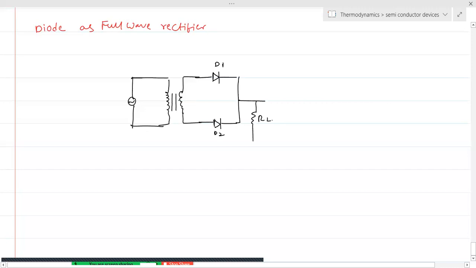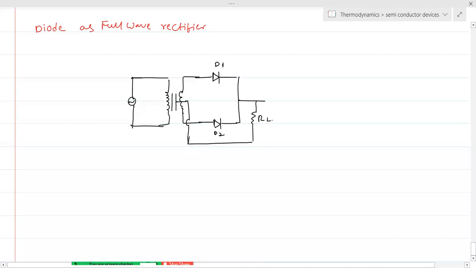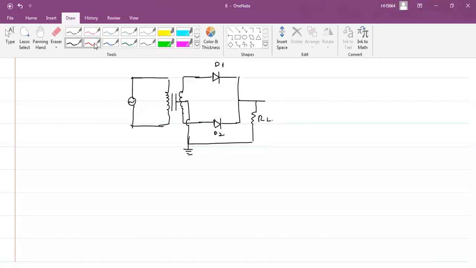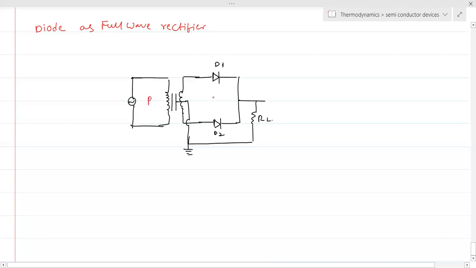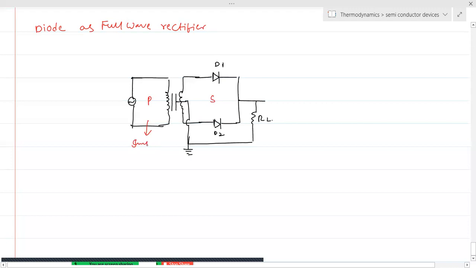And we are taking a special type of transformer, called a central tapping transformer. This is called the primary and this is called the secondary. The primary is the input part of the device and the secondary is the output part of the device.